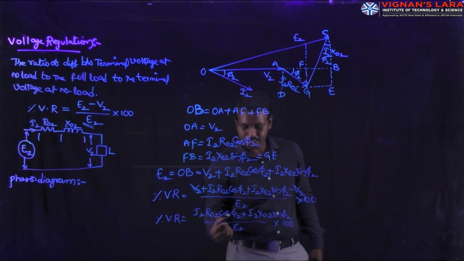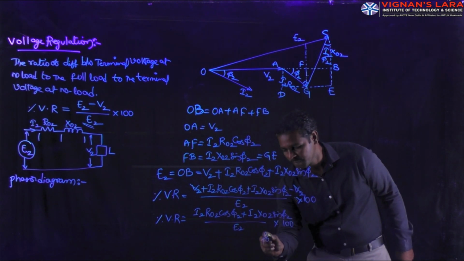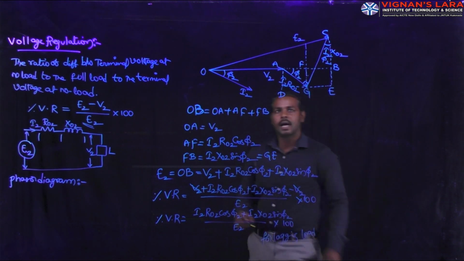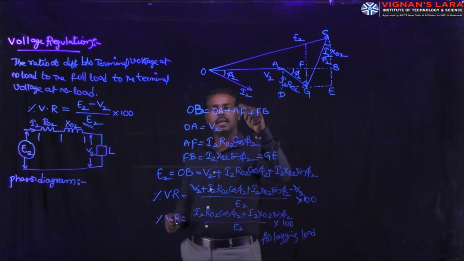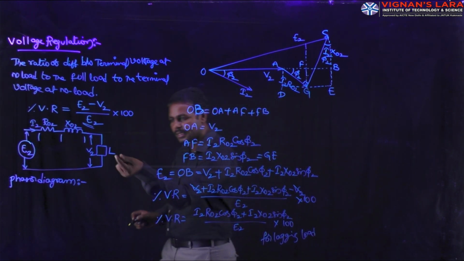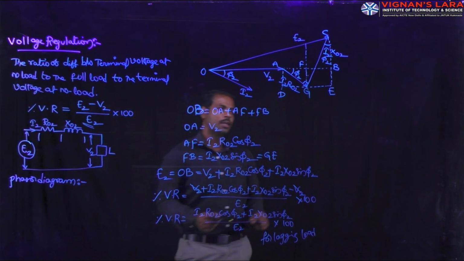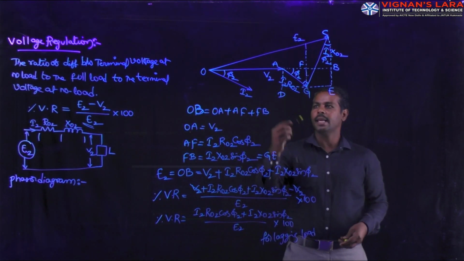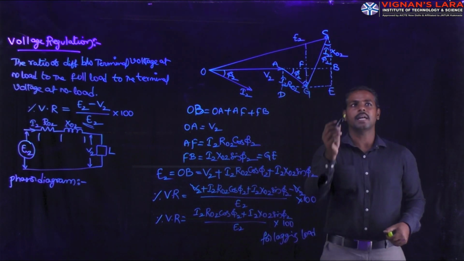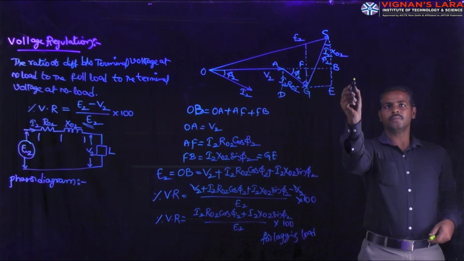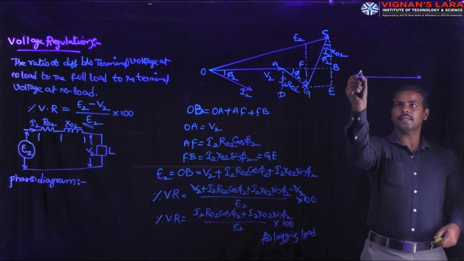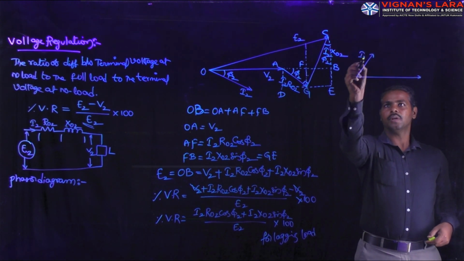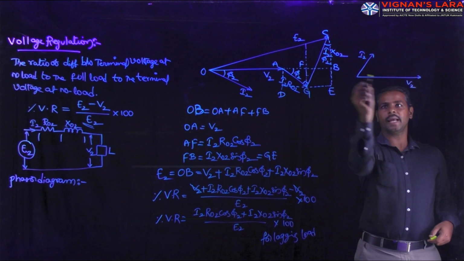This equation is valid for lagging loads. Otherwise, the same circuit is considered for leading loads. When we connect capacitive loads, the phasor diagram changes. We consider the voltage V2, and the current I2 always leads the voltage by an angle phi 2.